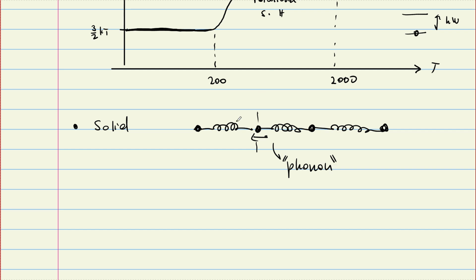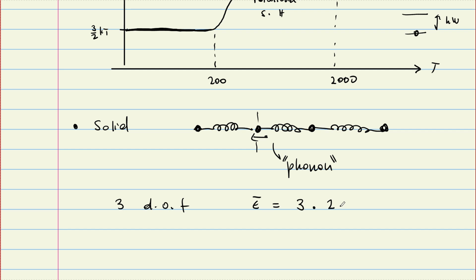And classically, for each atom, there are 3 degrees of freedom, right? Maybe I can calculate per atom. Per atom, the average energy is going to be, there are 3 springs.